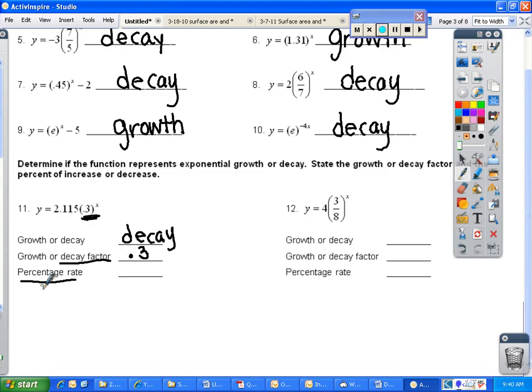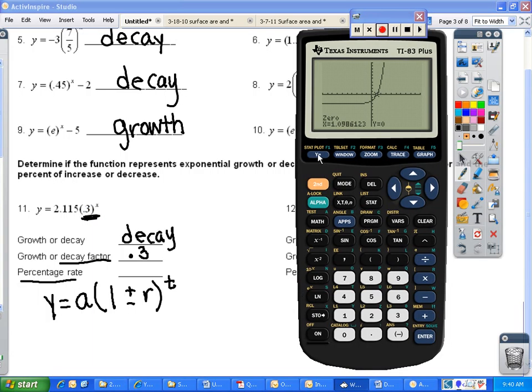If you want to find the percentage rate, then, if you remember in that initial problem, we had a times 1 plus or minus the rate to the t power. So the question is, looking at this problem, am I going to be adding or subtracting from 1? Well, to get 0.3, I'm definitely going to be subtracting.